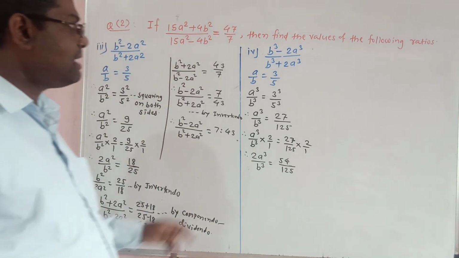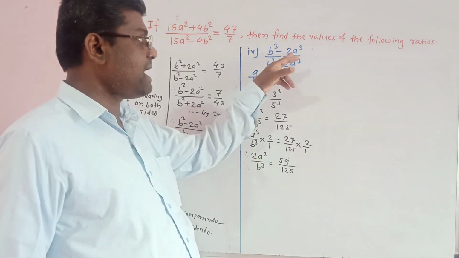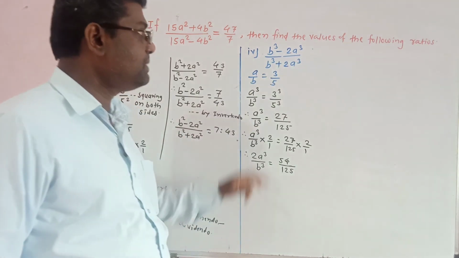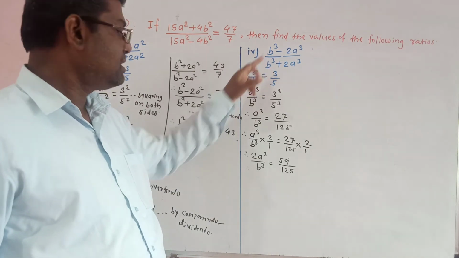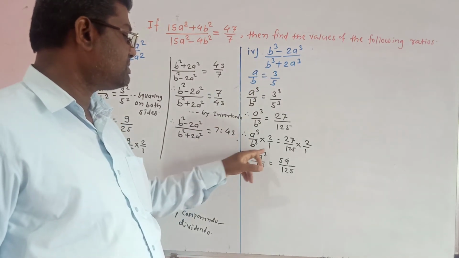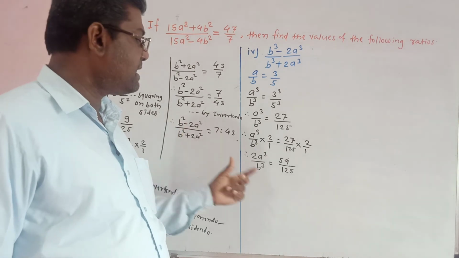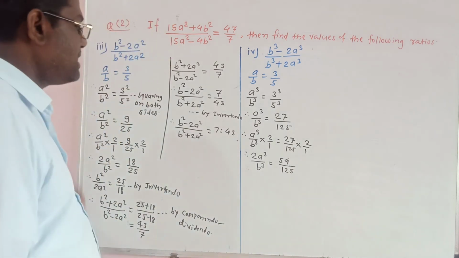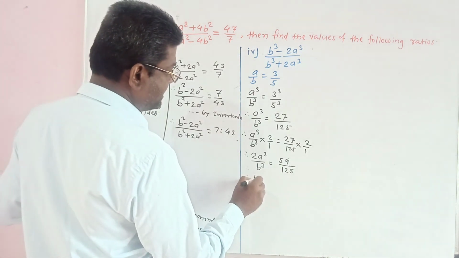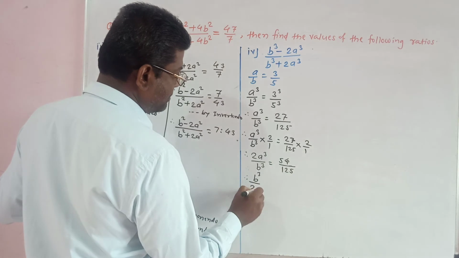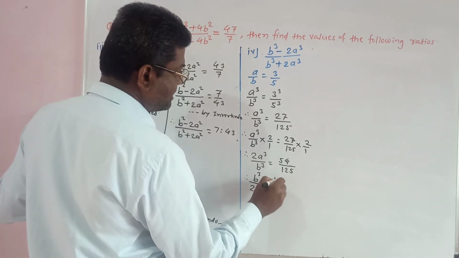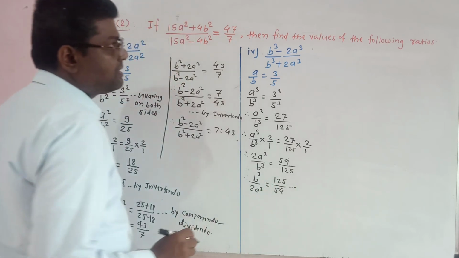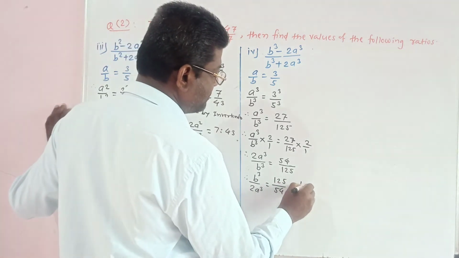Now we have the value b cube minus 2a cube upon b cube plus 2a cube. So b cube is there at first. Therefore here b cube must be in the numerator. Therefore we have to take the invertendo of this step. Therefore we write b cube upon 2a cube is equal to 125 upon 54, and the reason is by invertendo.